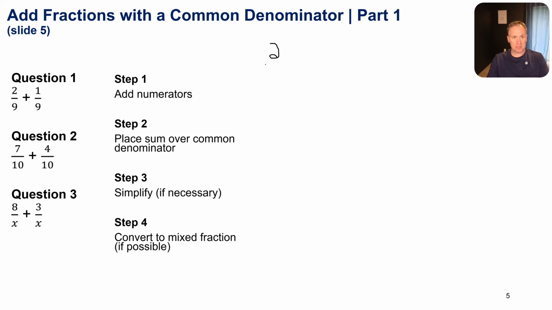Now, the steps that we are going to follow, our process or algorithm, is going to be to add our numerators, place the sum, which is the answer to step 1 basically, over a common denominator, simplify if necessary, and convert to a mixed fraction if possible, meaning if it's an improper fraction when we actually solve it.